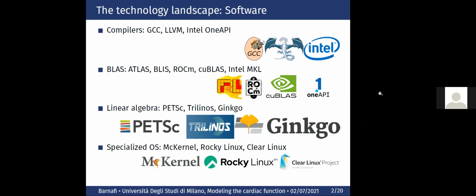This Ginkgo library is quite recent, and it's a nice alternative that is more flexible with respect to the kind of device that you're using, and also the kernel. I'm mentioning in particular these ones because Clear Linux is a new one that Intel came up with. Rocky Linux is kind of the successor of CentOS, and McKernel is the one that they use in the Japanese top supercomputer.